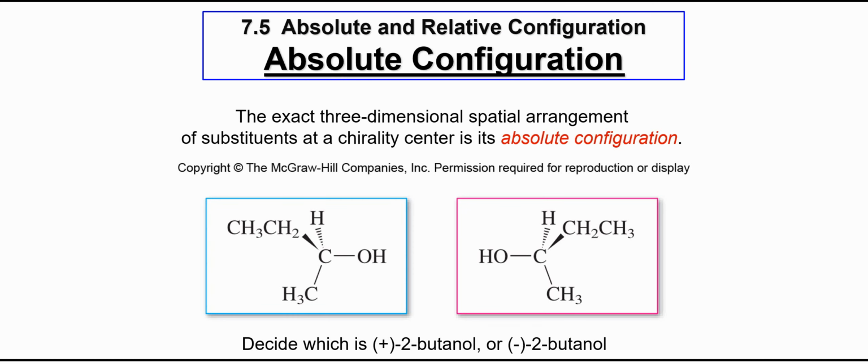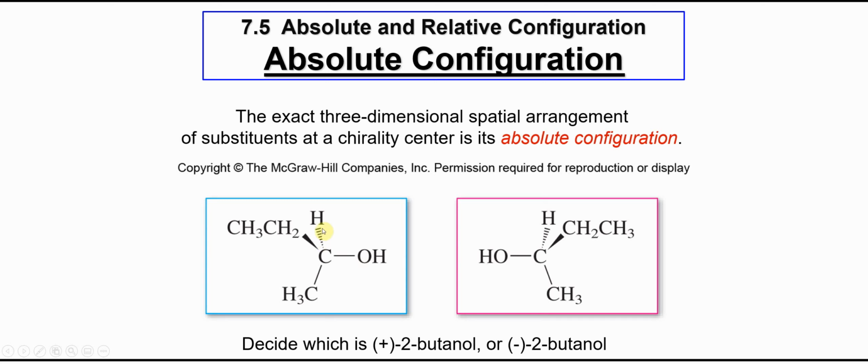In terms of the structures, if you have chiral molecules, you can identify the absolute position of the three-dimensional arrangement of different substituents. Therefore, you are going to obtain an absolute configuration. For example, I have my 2-butanol. You can draw the 2-butanol in two different approaches.